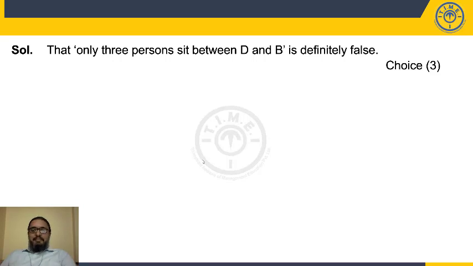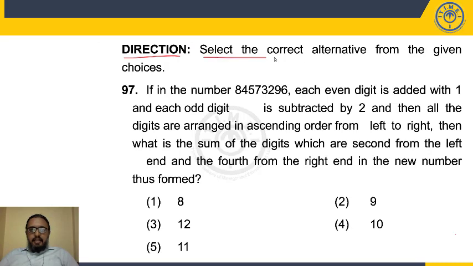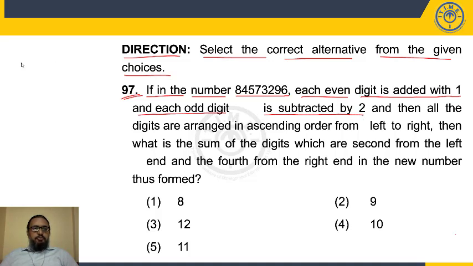Okay, next. Directions. Select the correct alternative from the given choices. Question number 97. If in the number 845739296, each even digit is added with 1 and each odd digit is subtracted by 2. So all the even digits are added with 1.